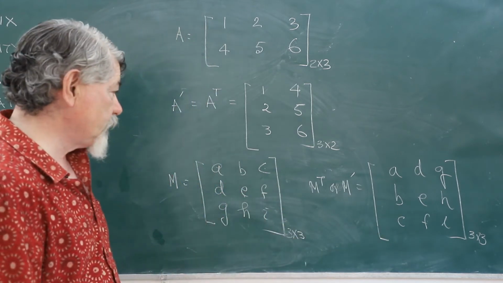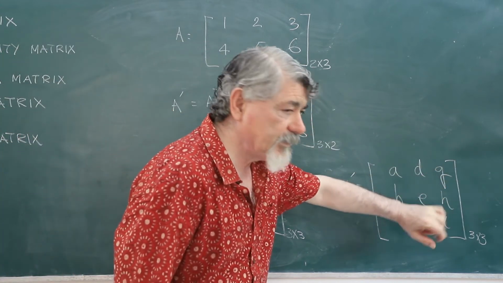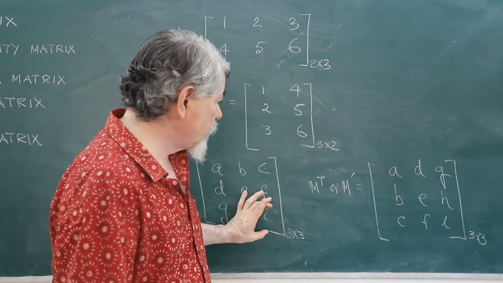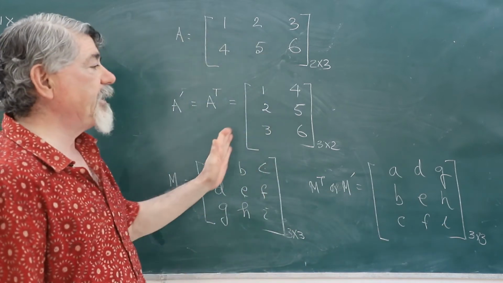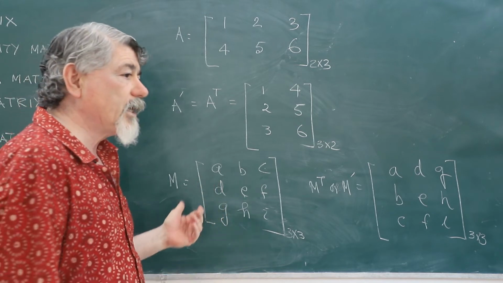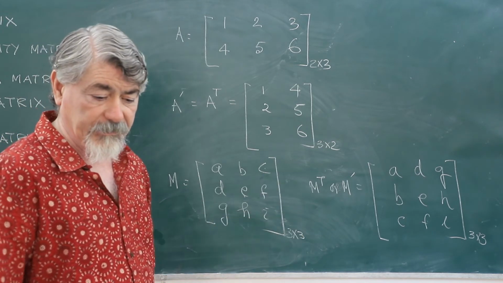DEF was the second row, DEF has become the second column. GHI was the third row, it has become the third column. So we have interchanged the rows and columns, and this is called the transpose of a matrix.